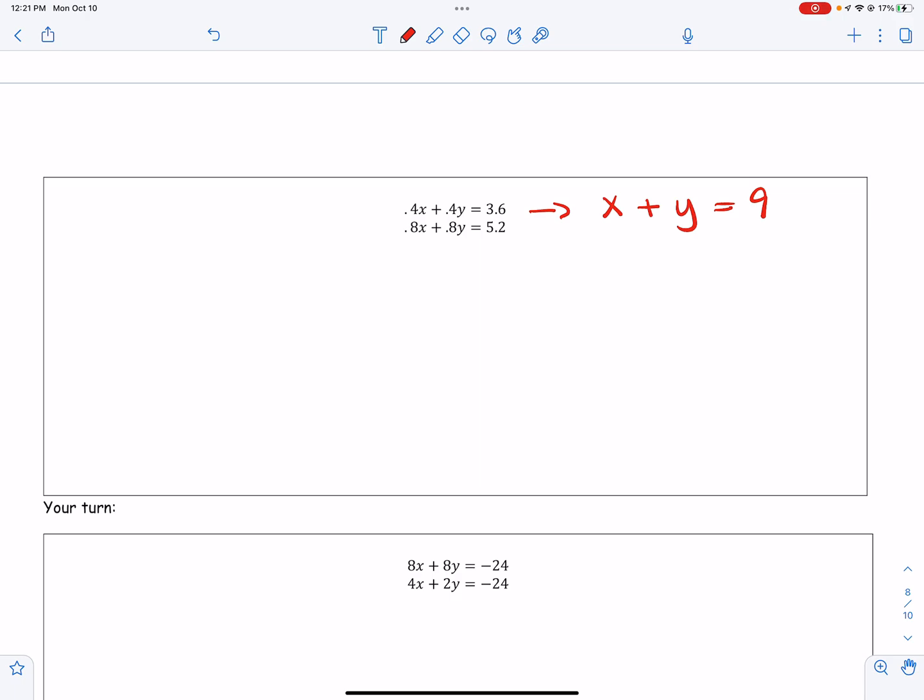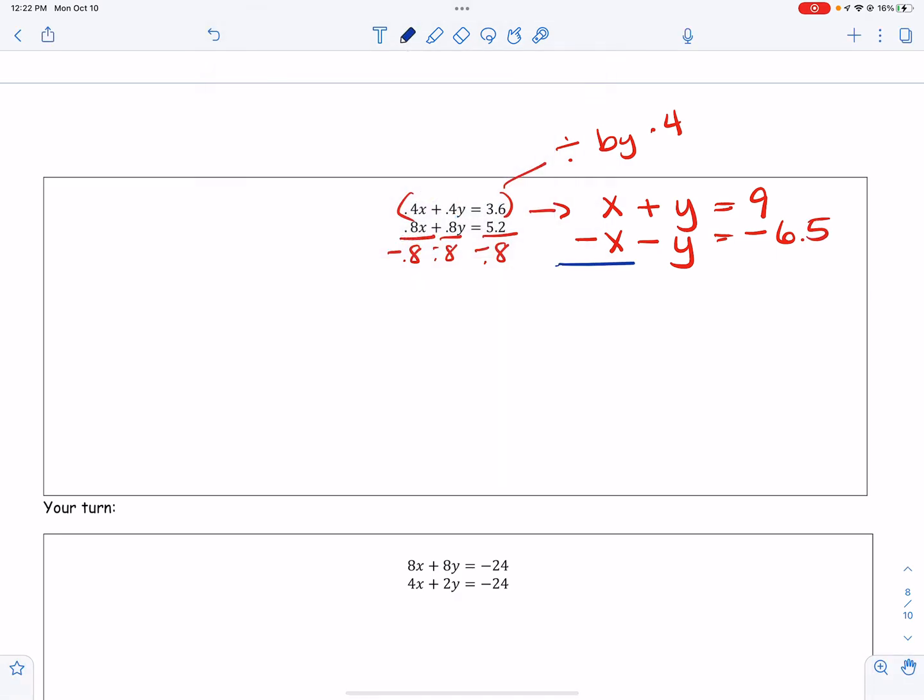So this one I'm going to divide by 0.4, and this one I'm going to divide by negative 0.8. And so that's going to give me negative x minus y is equal to negative 6.5.